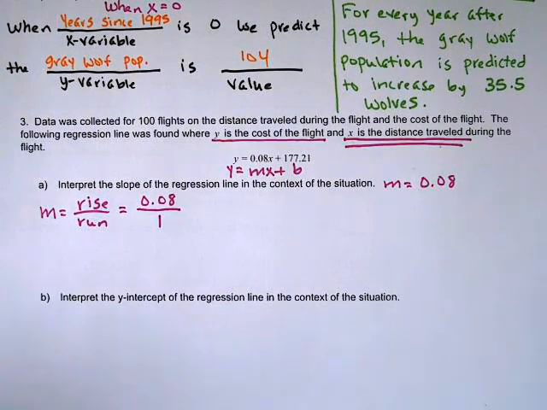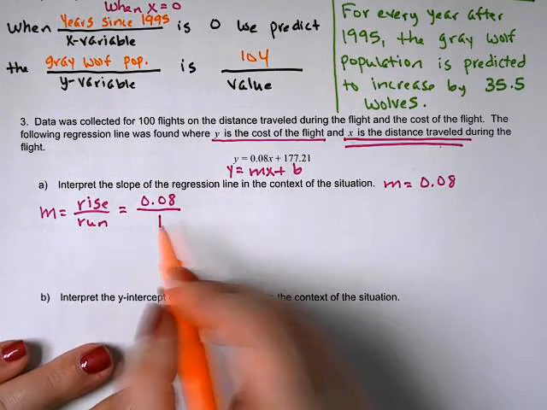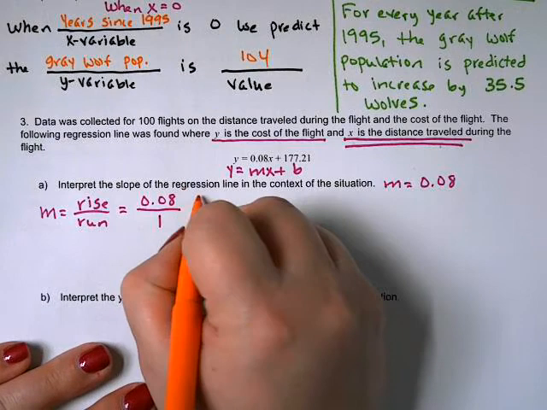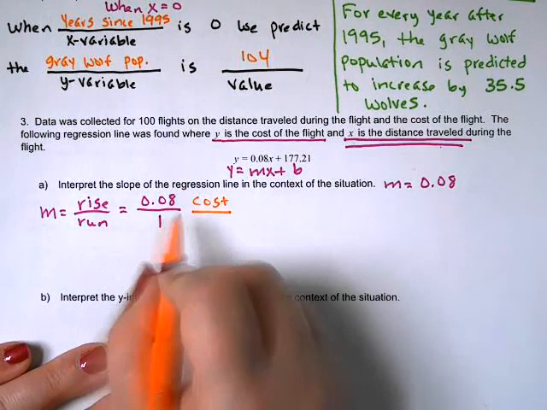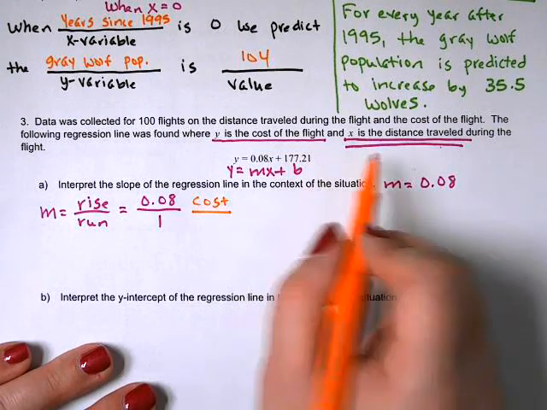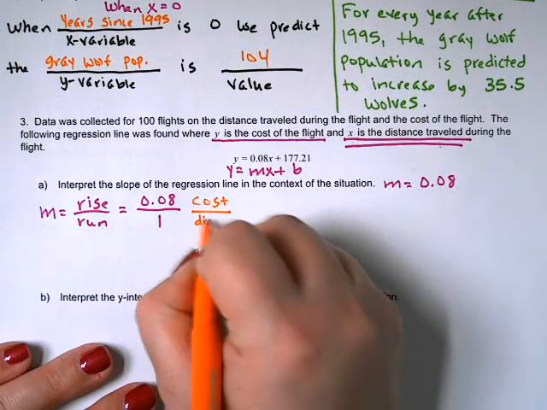And I'm going to talk about those variables again. So let's see. The y variable is the cost of the flight. And the x variable is the distance traveled.